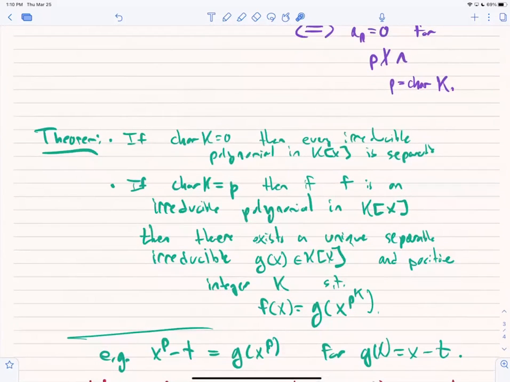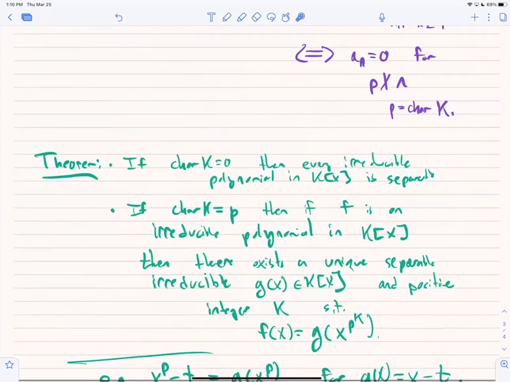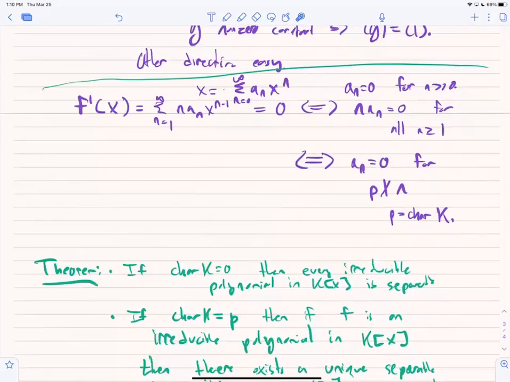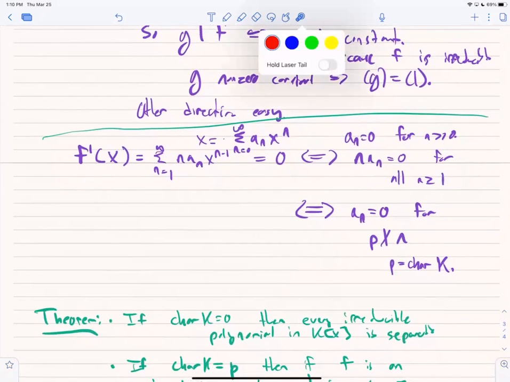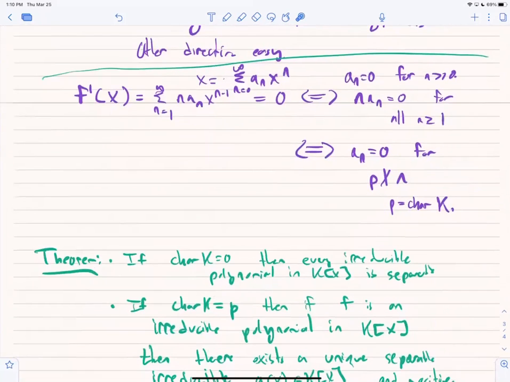So that's the theorem. And it basically follows from what we just said. An irreducible polynomial has degree at least 1. Constant polynomials aren't considered irreducible.